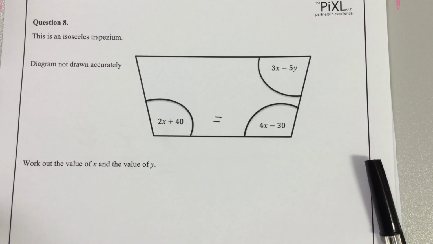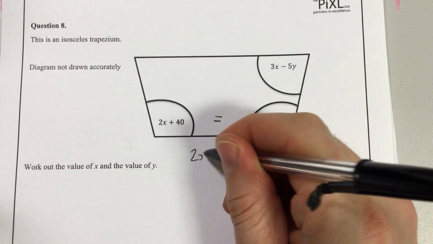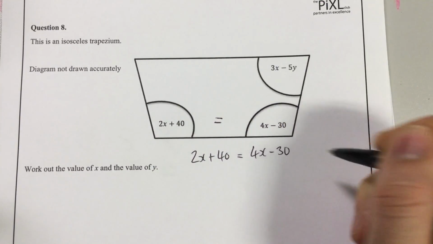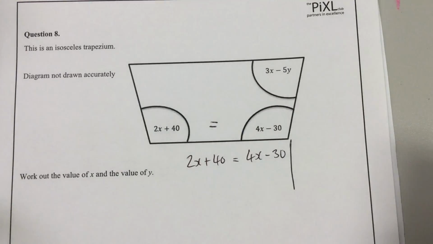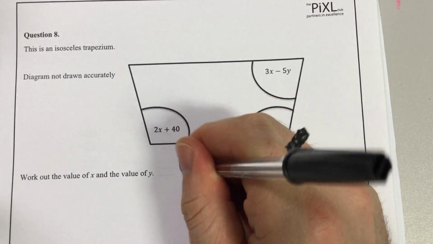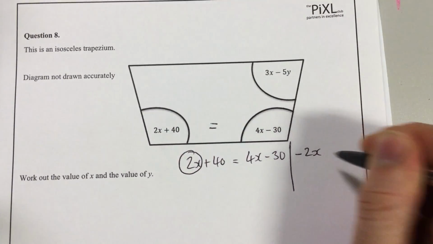So if the base angles are equal, I can set this equation. So 2x plus 40 equals 4x minus 30. We've got x on both sides, so the best thing to do is eliminate the smallest value of x. So I'm going to eliminate 2x by taking it away.